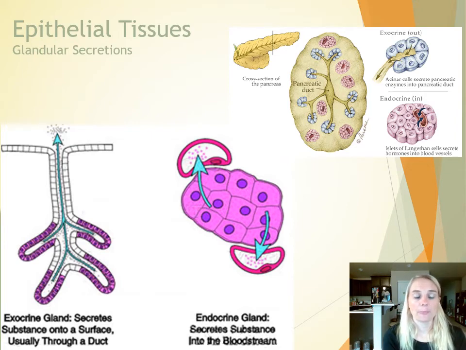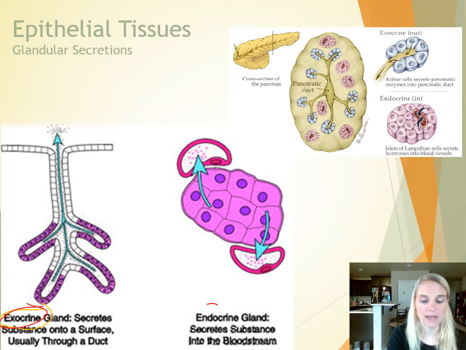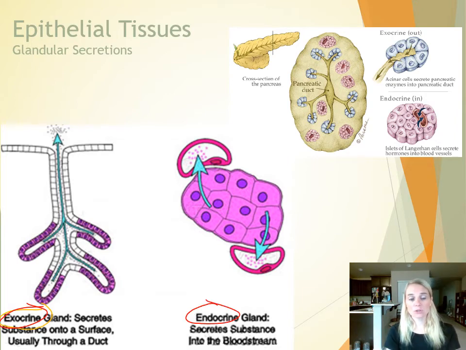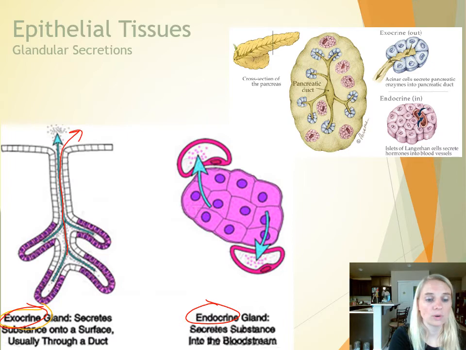So those are all of our different types of epithelium, but epithelia are also our modified glands. Our 2 major groups of glands are exocrine and endocrine. Exocrine are called such because they secrete their product onto a surface.